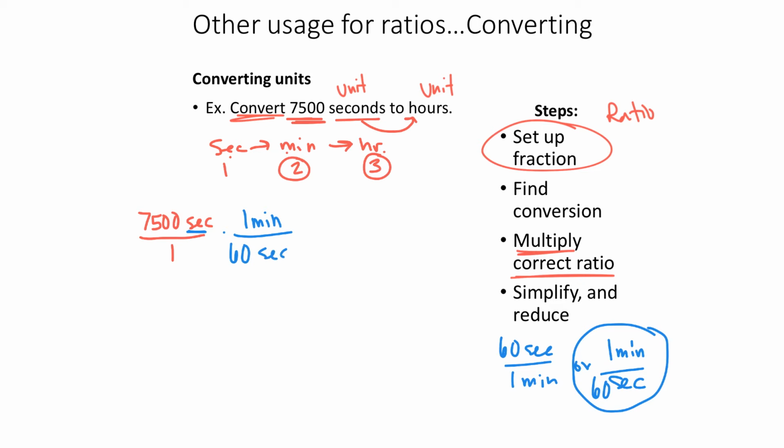Not the cross-multiplying that we just talked about, but the cross-canceling. The idea is that we want the seconds, the unit that we're trying to get rid of, to be in opposite areas, so one in the numerator, one in the denominator, so that we can eliminate that unit, and all that we're going to be left with is the minutes.